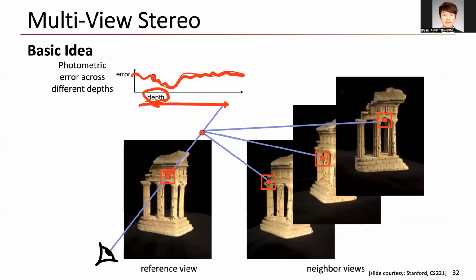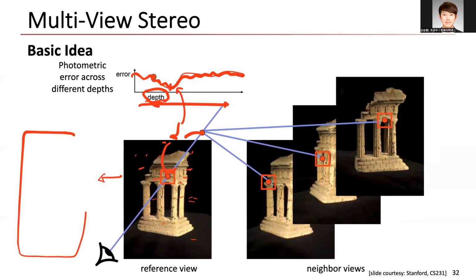And by picking the best value, we can find out depth for these pixels. And by considering all the pixels in the reference view, we can find the corresponding 2.5 dimensional depth map at these reference view images. This is the multi-view stereo matching.